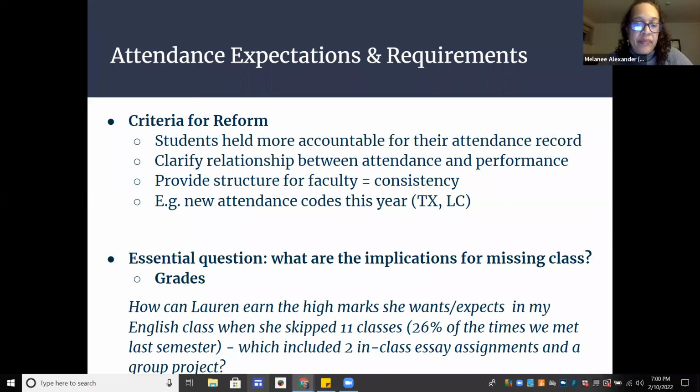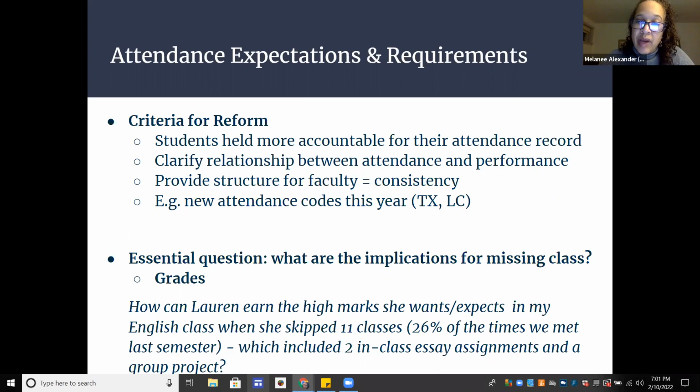We want to make sure that we are consistent in terms of structuring how our attendance policies are encouraging students to do better and to really engage. Just a quick example, we have a couple new attendance codes this year, which some of you may have already seen. One is TX, which means you're really late for class.